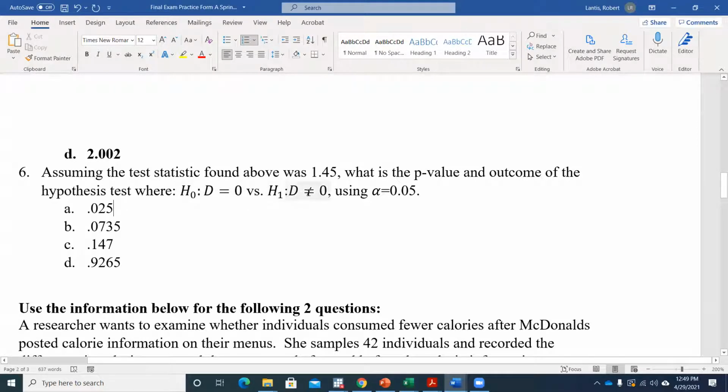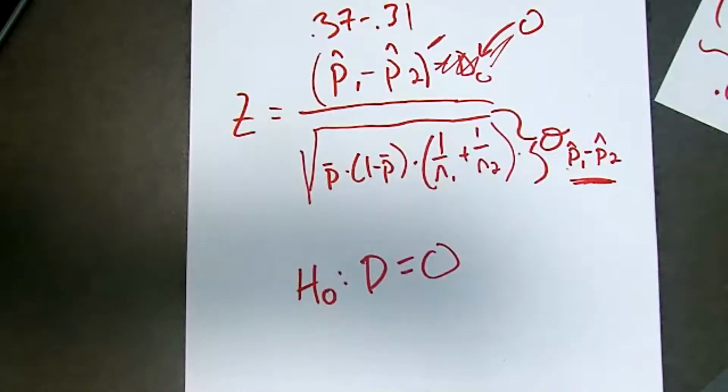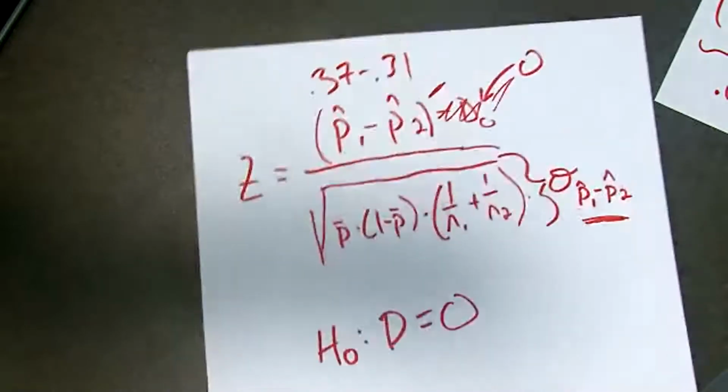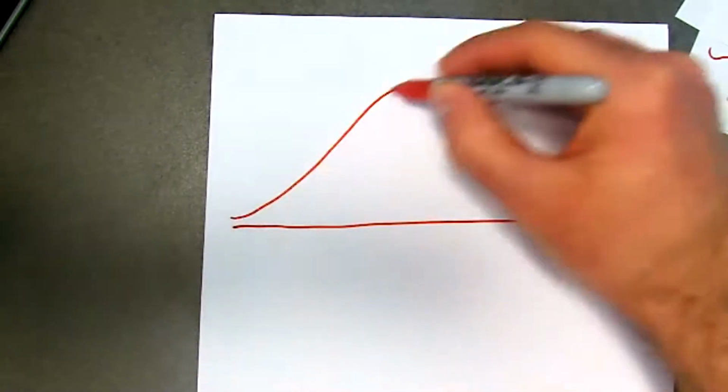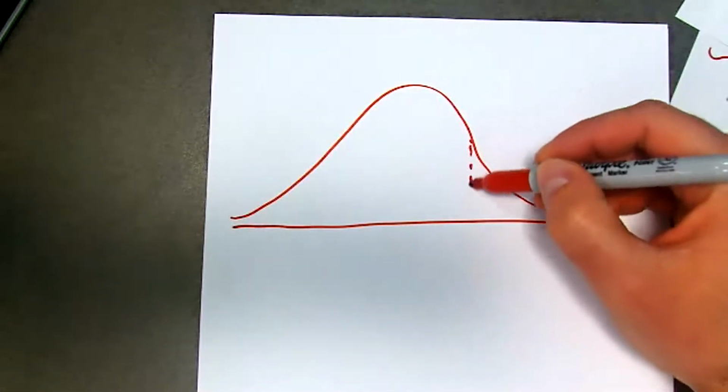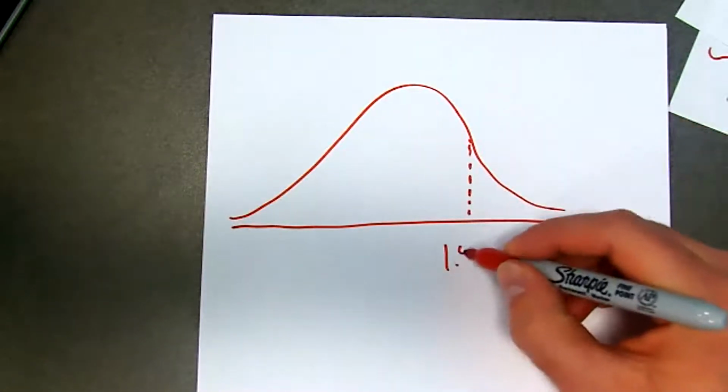And what type of tailed test are we doing? Well, we have a not equal to sign in the alternative hypothesis, so we have a two-tailed test. So I'm going to look up the p-value here. Just visually, I found this sample proportion, and I'm told that the test statistic that I found was 1.45.